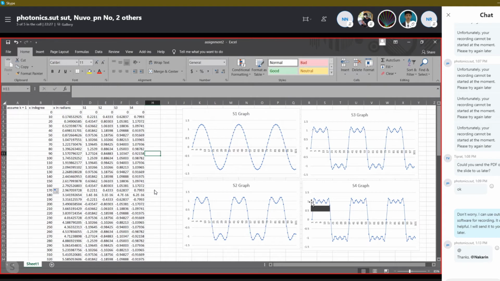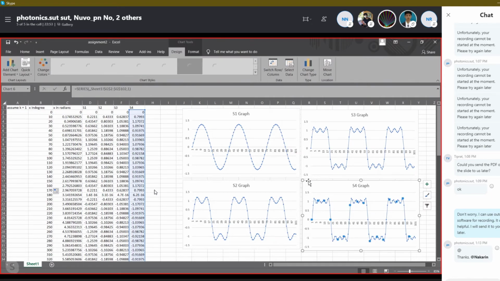Did you test already? Yes, I test it, and I see the graph that you show us, the amplitude will be constant.